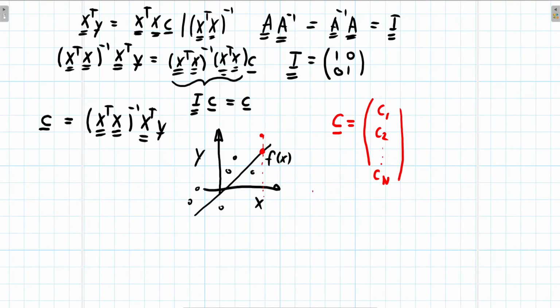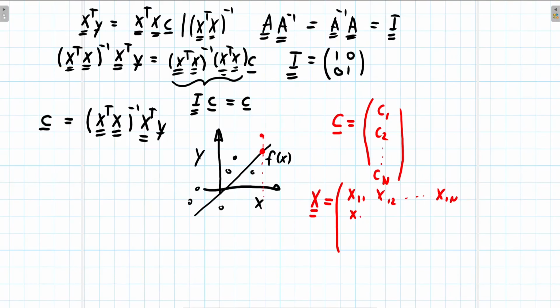And the other thing that you have to do is change your matrix X. Now your matrix X is going to contain x11, x12, all the way up to x1n.